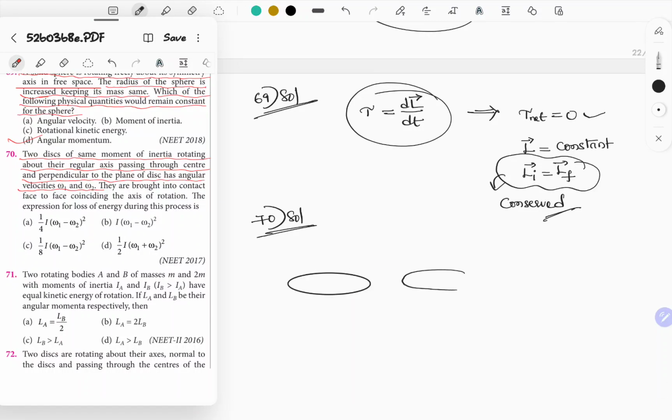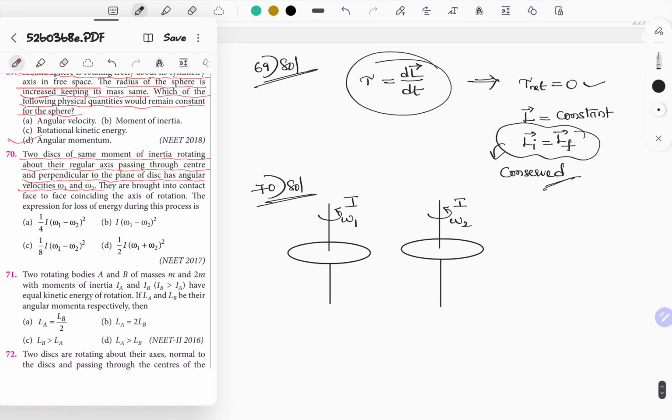Axis is passing through the center of mass and perpendicular to the plane of these bodies. So the moment of inertia is I, and the moment of inertia for this object is also I. But they are rotating with different angular velocities, omega 1 and omega 2.